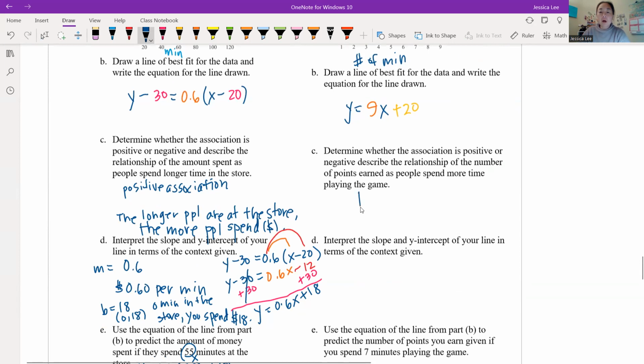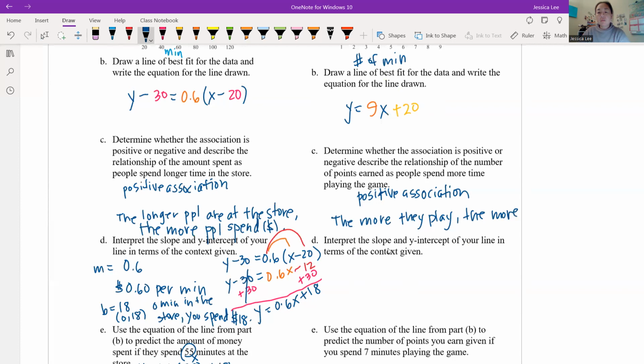So that is a positive association. The more they play, the more points they earn.